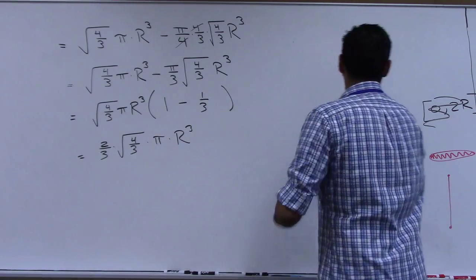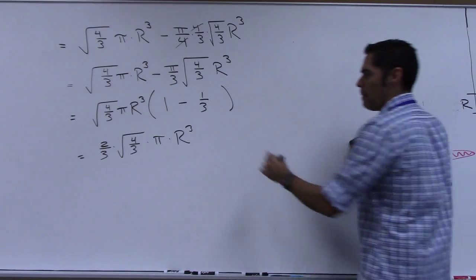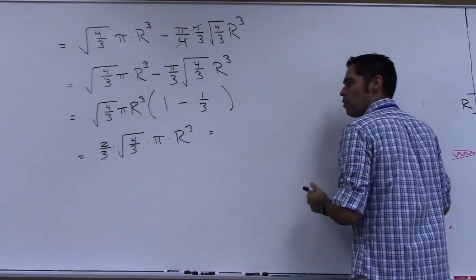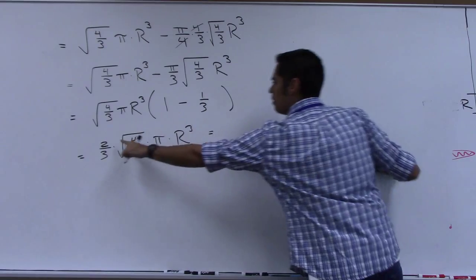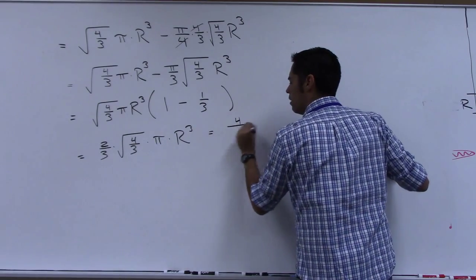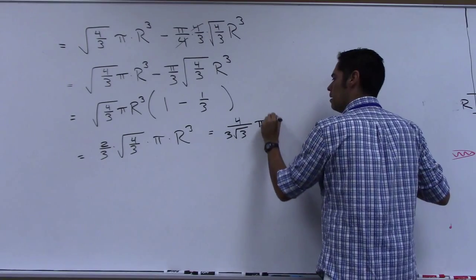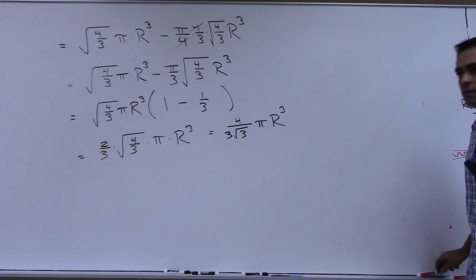Almost there. I'm ready to clean that root up now. Do the square root of top and bottom separately. So what's the square root of 4 on top? 2, and then times the 2 on the other one. 4 over 3 root 3, pi r cubed, right? Remember rationalizing denominators?